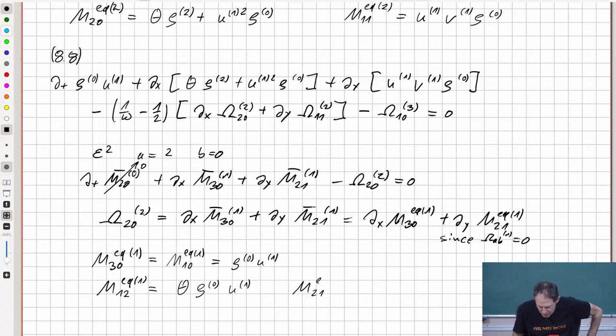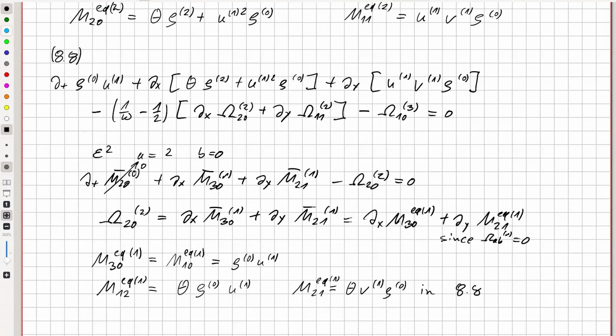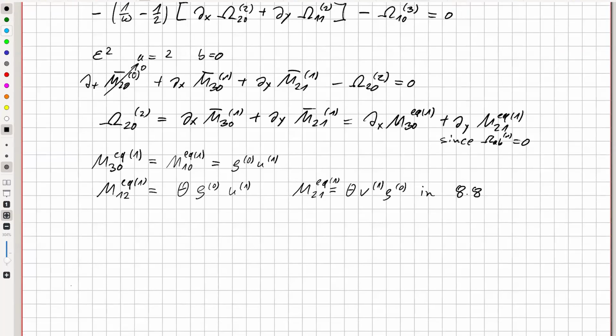The same thing, by the way, is this here. So the first order is equal to theta times v to the first order times rho to the 0 order. And all of this now goes into 8.8 and gives us the following equation.